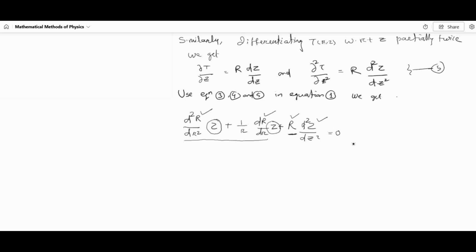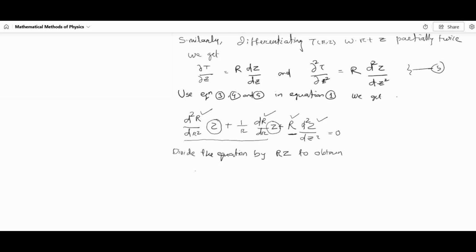Okay. So what we have to do? Divide the equation by rz to obtain what? If we divide this by rz, z and z will be cancelled and we will get r in the denominator.